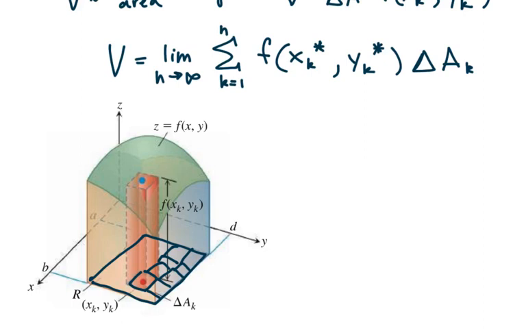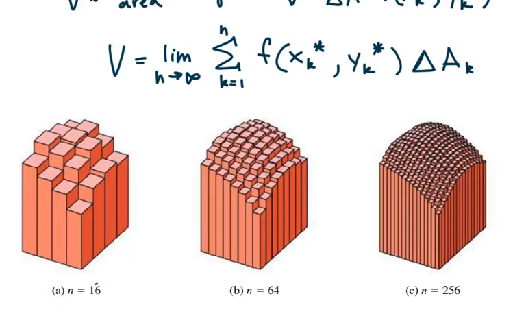Let me pull this visual in for you. So if we took our rectangular region R and divided it into 16 sub-rectangles, and we mapped each of those up, it gives us a decent approximation of that surface.